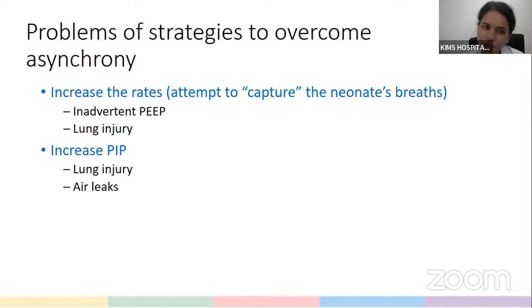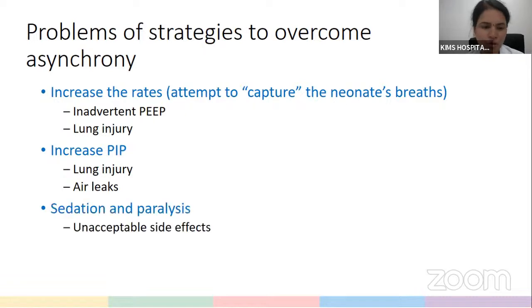The other strategy to overcome asynchrony while still being on IMV would be increasing the pressure, or increasing PIP. Again, although it may transiently help us overcome asynchrony, it would result in harms like lung injury and a higher risk of barotrauma and air leak syndromes like PIE and pneumothorax.